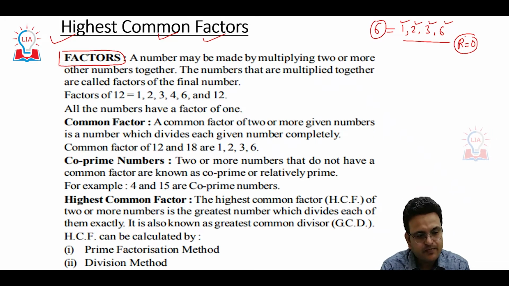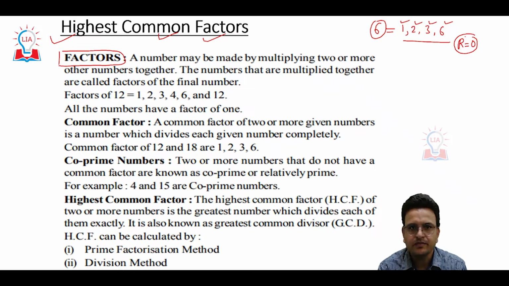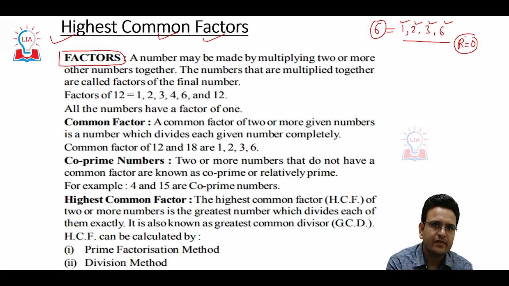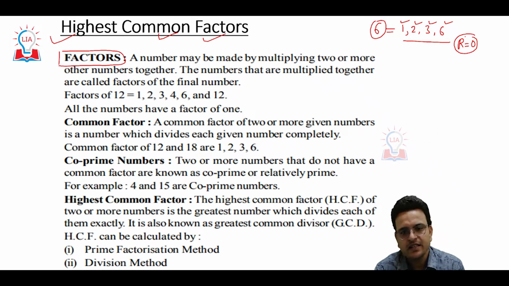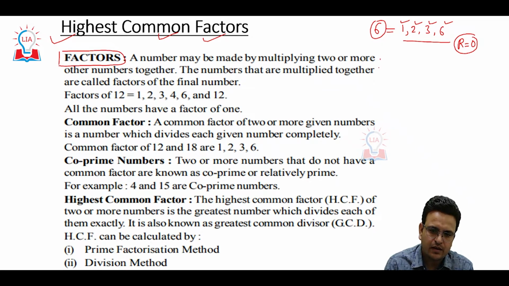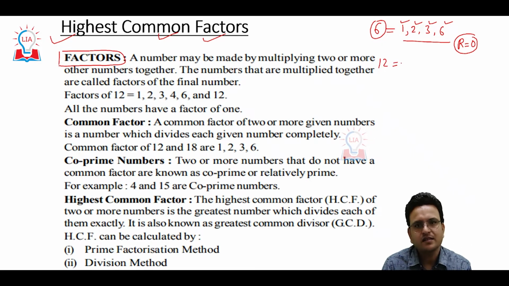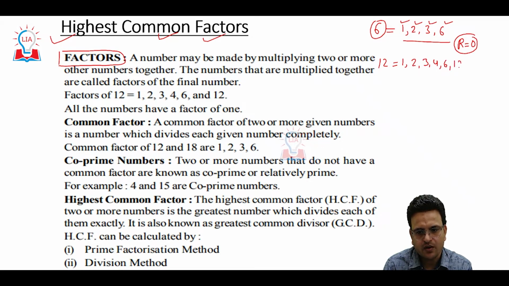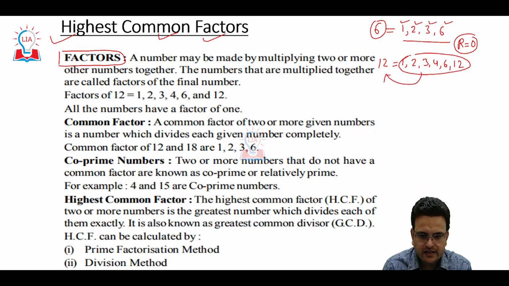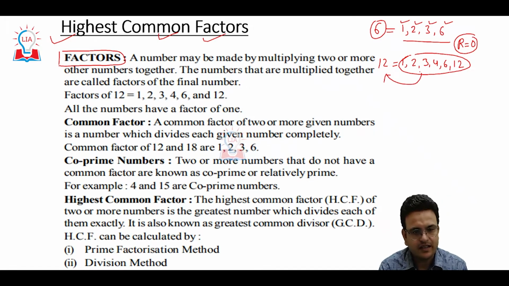When we talk about factors, factors are the numbers which divide a given number without giving any remainder. For example, 12 has factors like 1, 2, 3, 4, 6 or 12. If I divide 12 by these factors, it is not going to give any remainder.